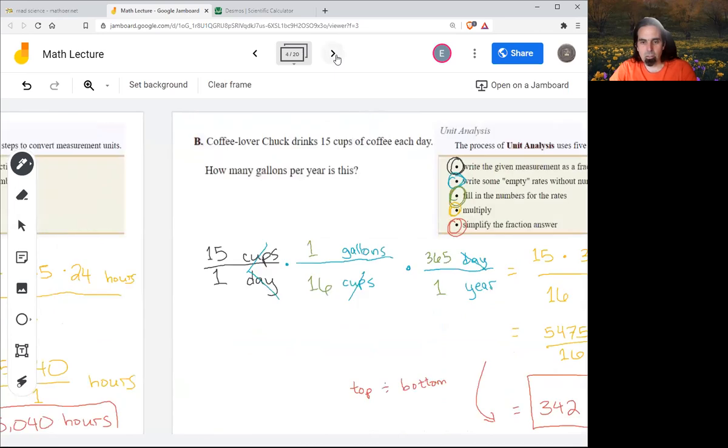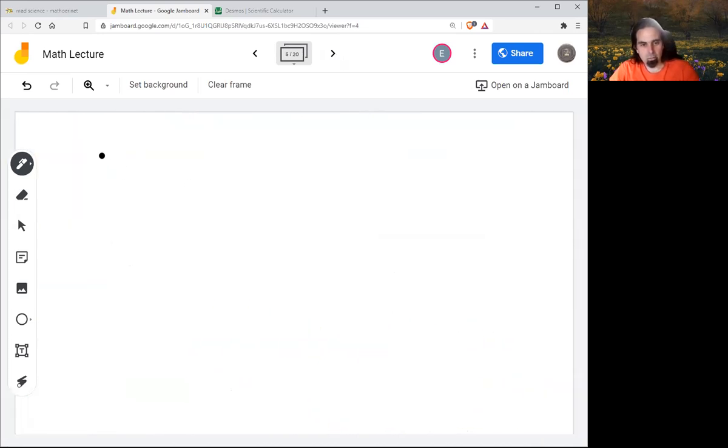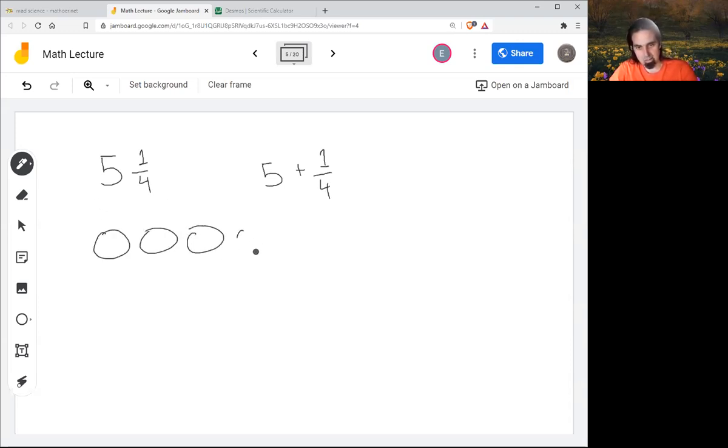Okay, let's talk about that 5 and a quarter. So if I have 5 and a quarter, that's the same as 5 plus 1/4. If I'm drawing a picture of that, I have 5 things that are wholes. And then I have another thing that I only have a quarter of it.